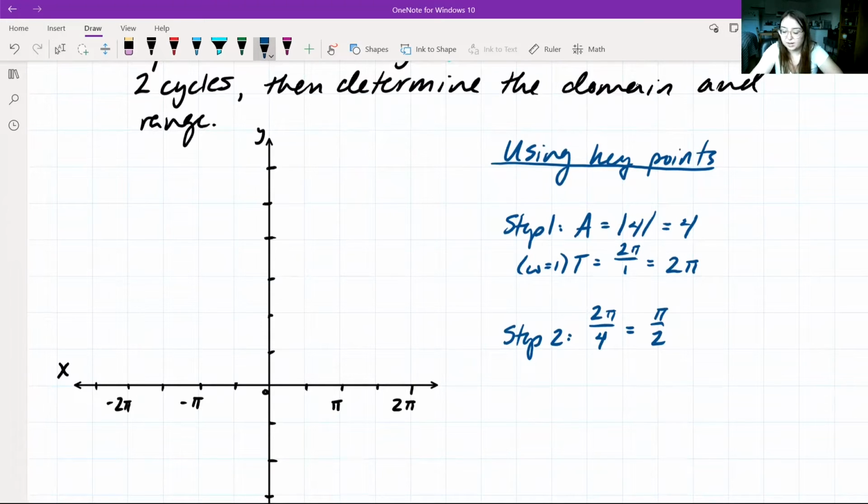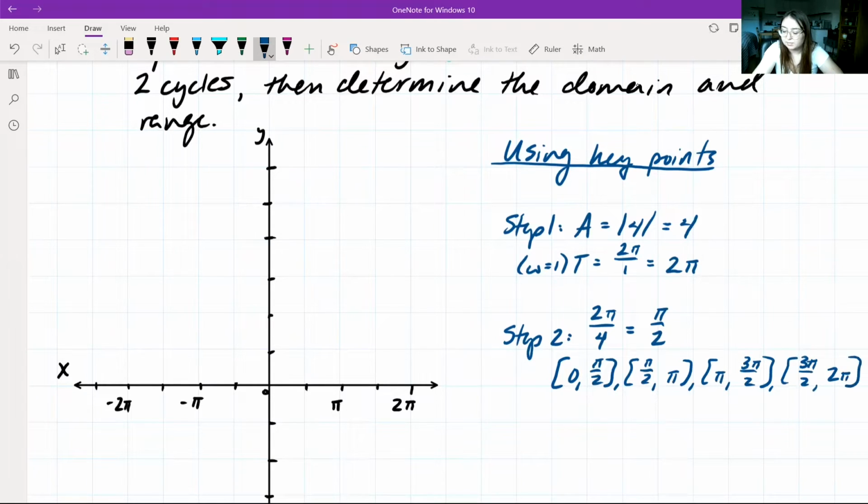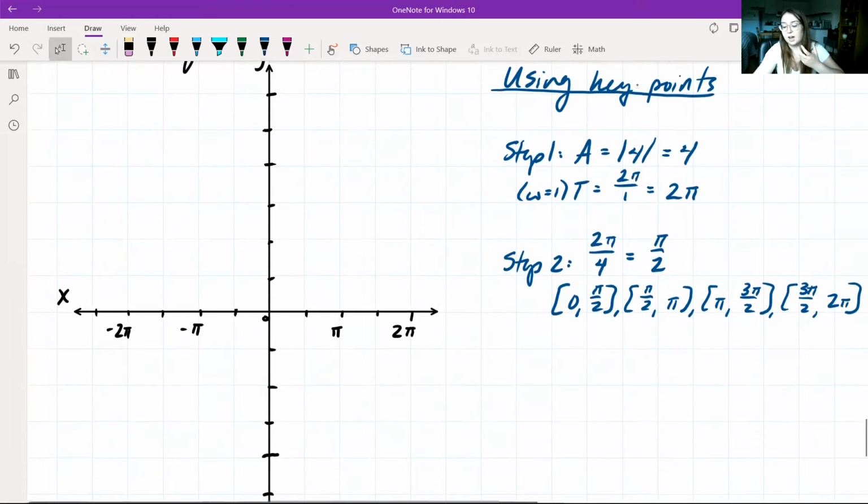So this means that our intervals are going to end up being 0 to pi over 2, pi over 2 to pi, pi to 3 pi over 2, and 3 pi over 2 to 2 pi. So here are 4 equal subintervals between the period 0 to 2 pi.